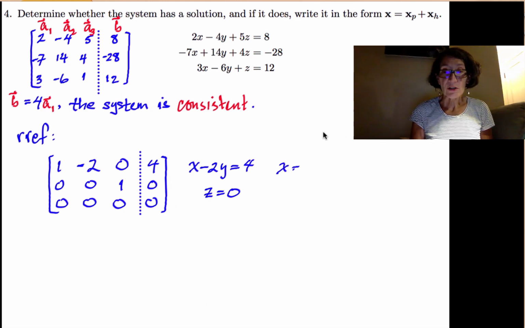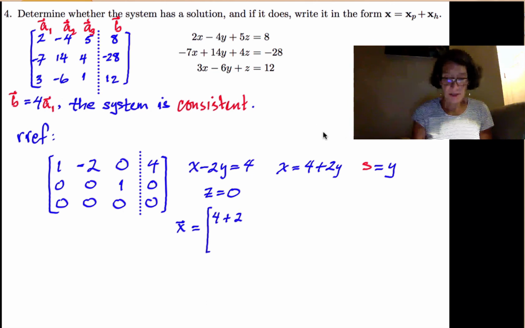Solving the first equation for x, we get x equals 4 plus 2y. So y is our only free variable. We can use a parameter s, and we can write our solution vector as 4 plus 2s, s, 0. All the solutions look like that.